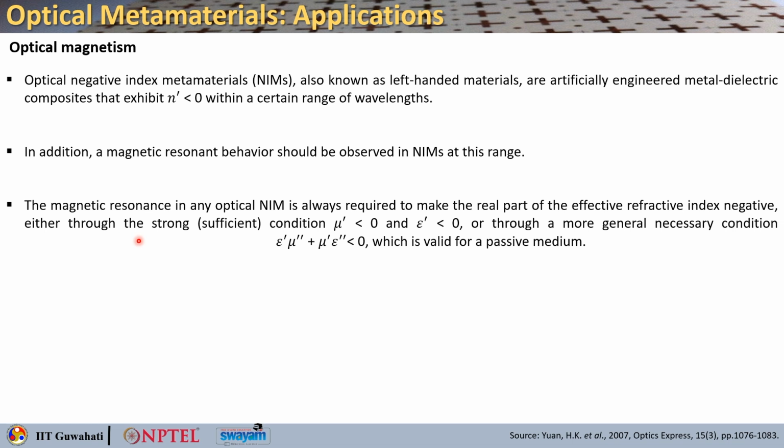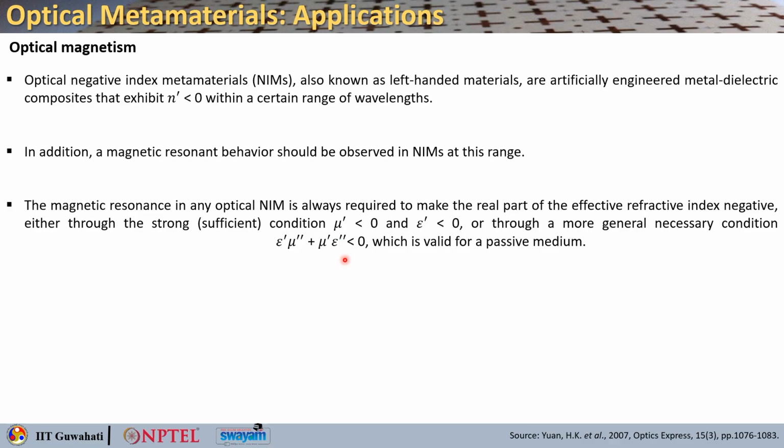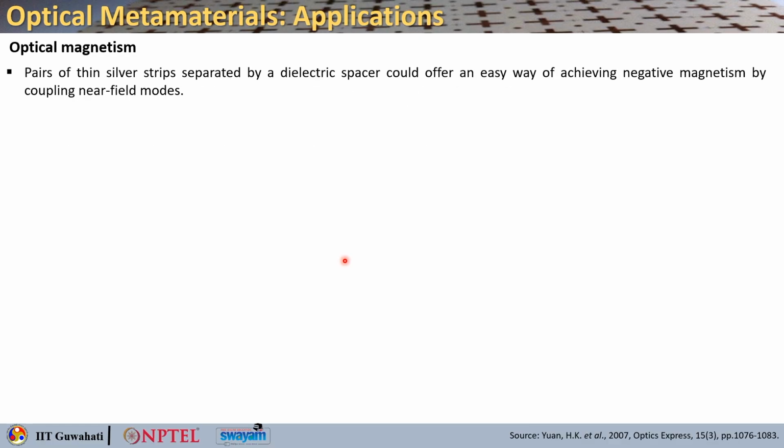For that, either you have to have the condition that your mu prime is negative or your epsilon prime is negative, or you can follow a more general necessary condition, which is this one: epsilon prime mu double prime plus epsilon double prime mu prime should be negative. This is valid for a passive medium. Always remember, single prime denotes the real part of the permittivity or permeability, and the double prime tells you about the imaginary parts.